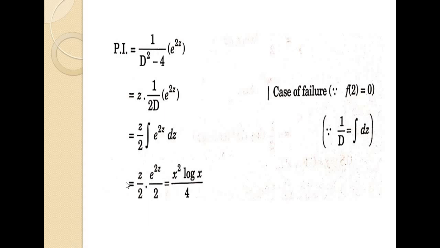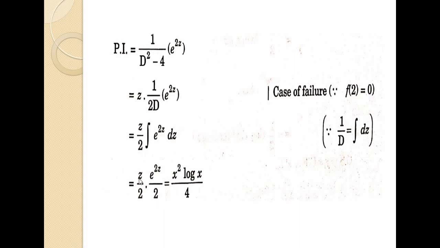But the particular integral is in terms of z, because this is the particular integral for the constant coefficient linear differential equation, which is in the variables y and z. We require the particular integral in terms of x.